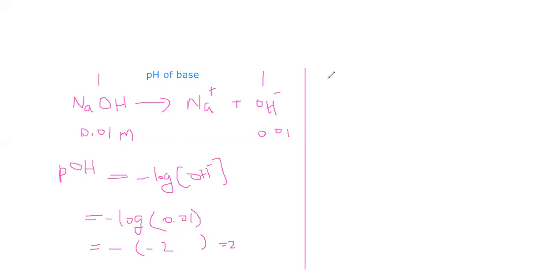And let's suppose there is another example. This is calcium hydroxide, and the formula of this one is Ca(OH)2, and when it dissociates, it will give you calcium 2+ plus 2 OH minus, because there are two hydroxyl ions, and each hydroxyl ion has a charge of -1.